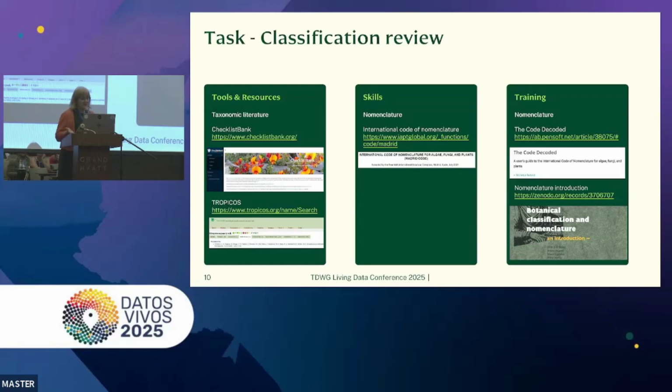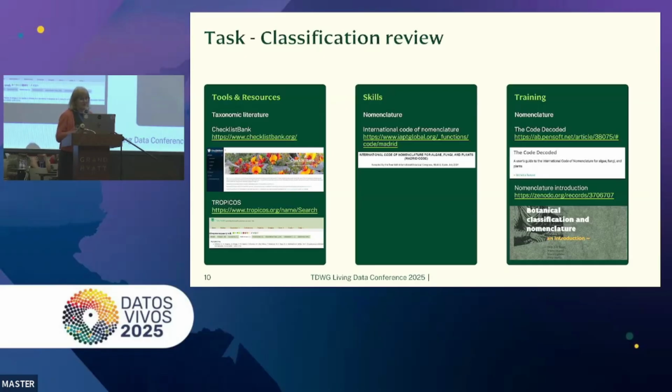There's some good resources out there, like Tropicos and World Flora Online, and Plants of the World Online also provide some recent literature for taxa. I've got Checklist Bank here as well, which is really excellent, and it's getting better all the time.